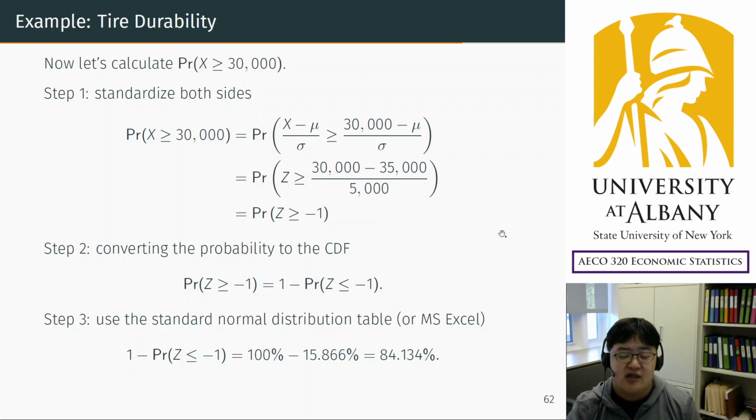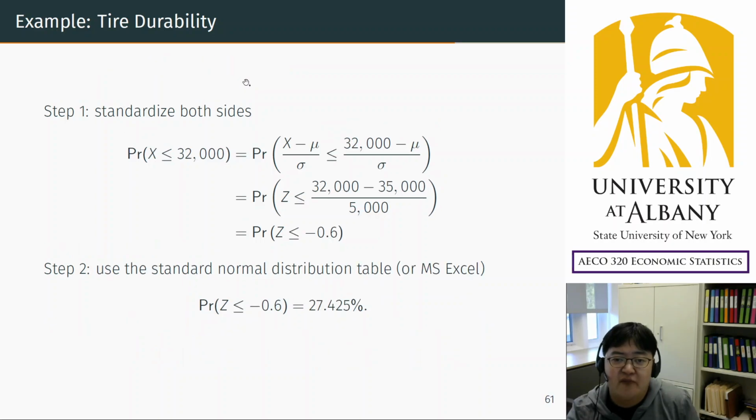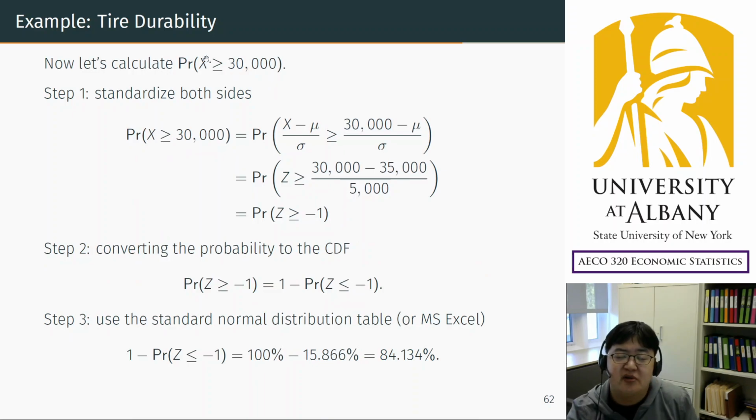Okay. The next form of problem is to calculate the probability defined by greater than something. So we are interested in the probability X greater than 30,000 miles, which is different from this, which is the opposite direction. So far, we considered probability smaller than something, but now we have probability greater than a number.